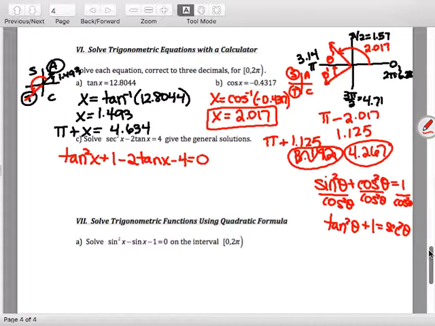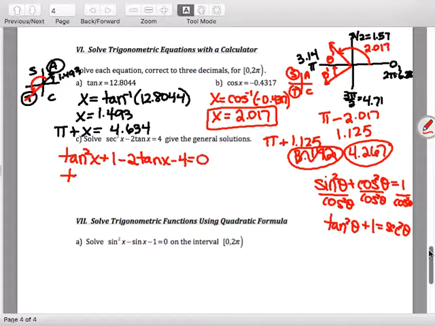One technique was isolate the trig function. A second technique was factoring. See if you could factor. The third was using a Pythagorean identity substitution. Today, we're learning how to do these using the calculator and approximating, but I'm going to circle back through my techniques from last week within this.